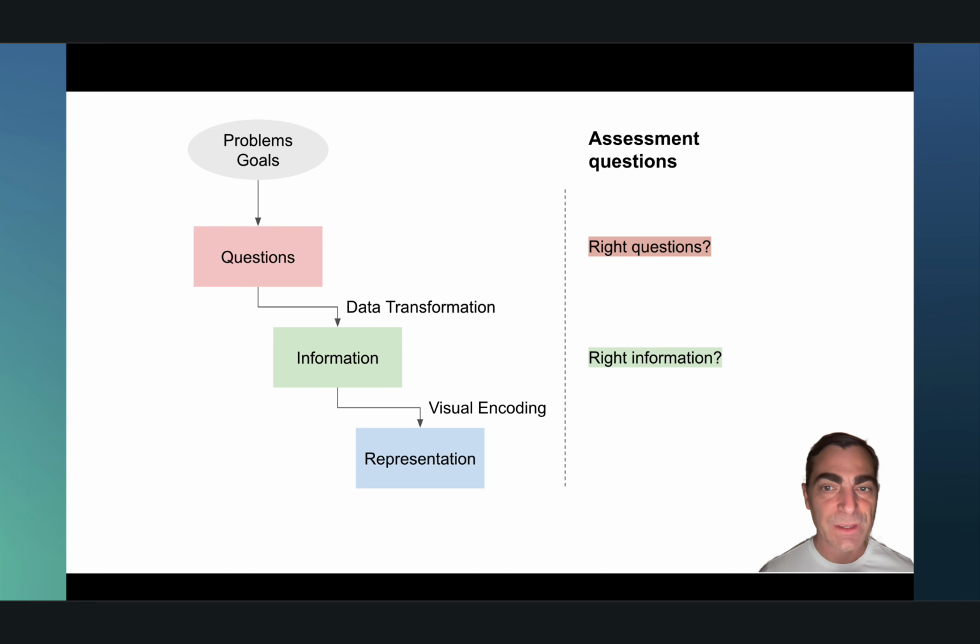Second, generate the right information. If you're not using the right procedures to generate the right type of information that is necessary to solve the problem, well, the visual representation doesn't matter because you're not visualizing the right information. And finally, how to produce the right representation. So we will come back to this notion over and over again. But visualization design is not only about coming up with the right representation, but it's also about identifying the right questions and the right information.